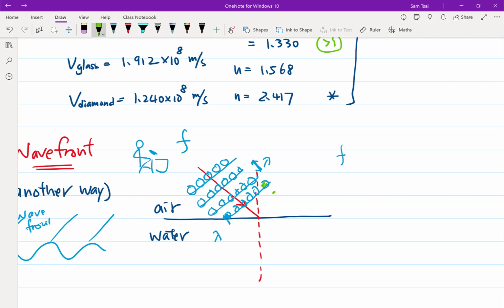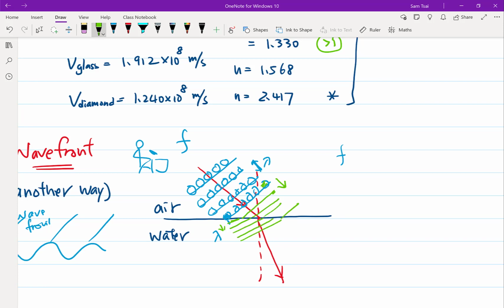So it's bending here: they move a smaller step while this one still moves a big step, and gradually they turn to this direction, smaller here but bigger there.